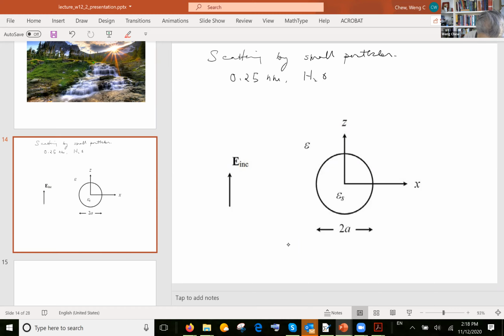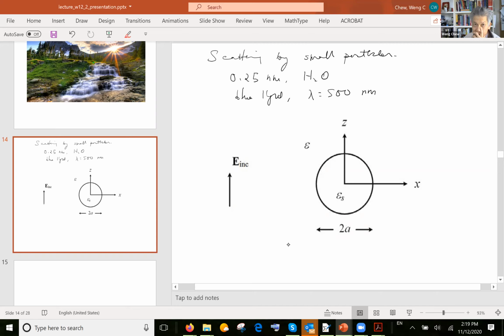And if you look at blue light, lambda is about 500 nanometers. So if you were to study the scattering of light by a water molecule, it is considered scattering by small particles, where the size of the object is much, much smaller than the wavelength.